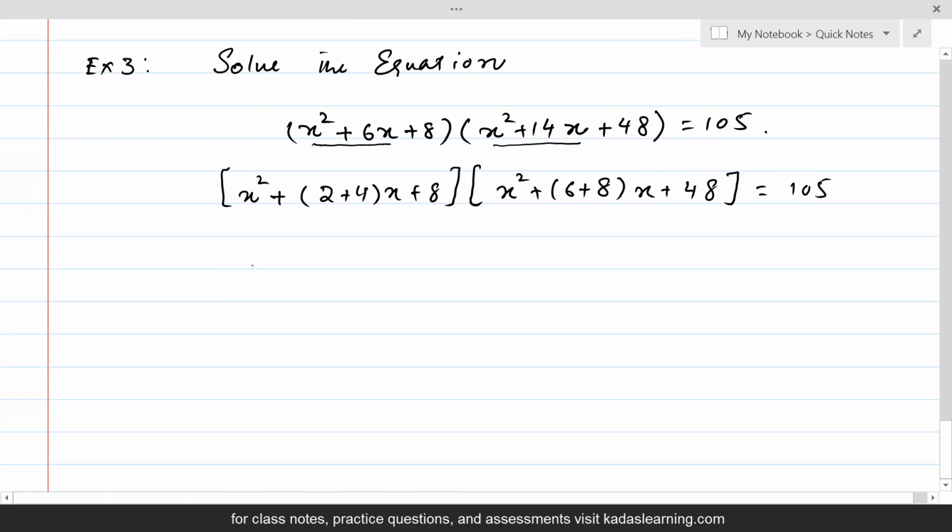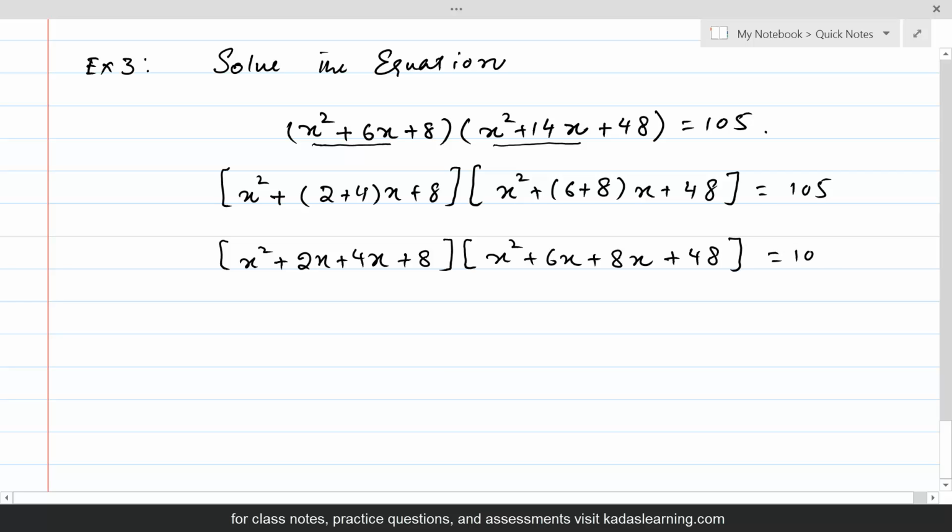So x² + 2x + 4x + 8 in this group, and in this group x² + 6x + 8x + 48 is equal to 105.